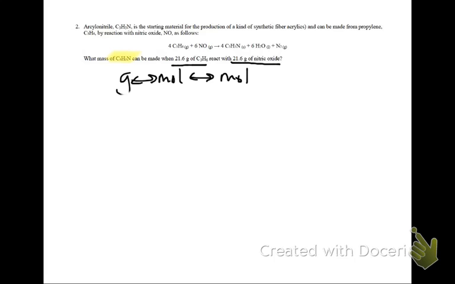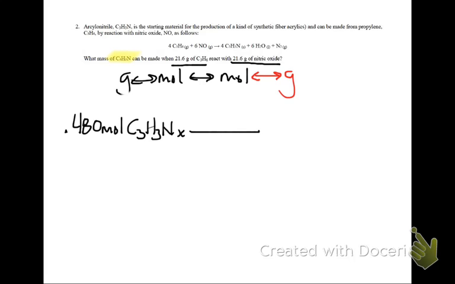Alright, so last step, we're going to take that limiting reagent number and go that final step from moles to grams. So we said that we're going to produce 0.480 moles of C3H3N, and C3H3N weighs 53.0 grams per 1 mole of C3H3N.